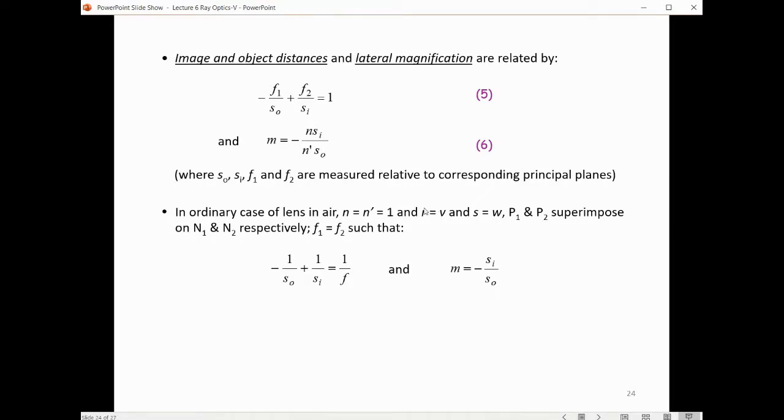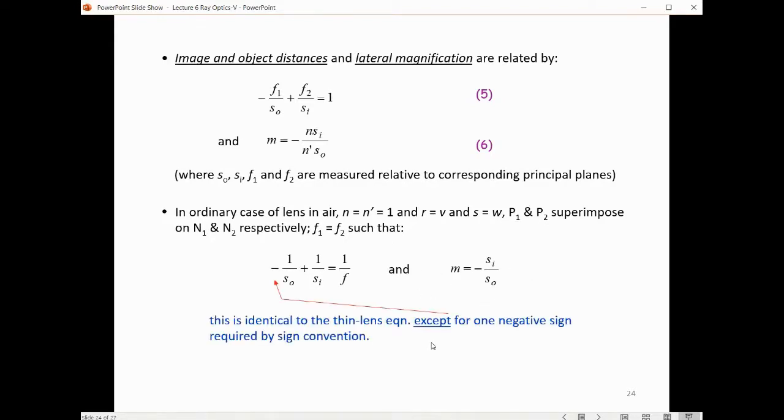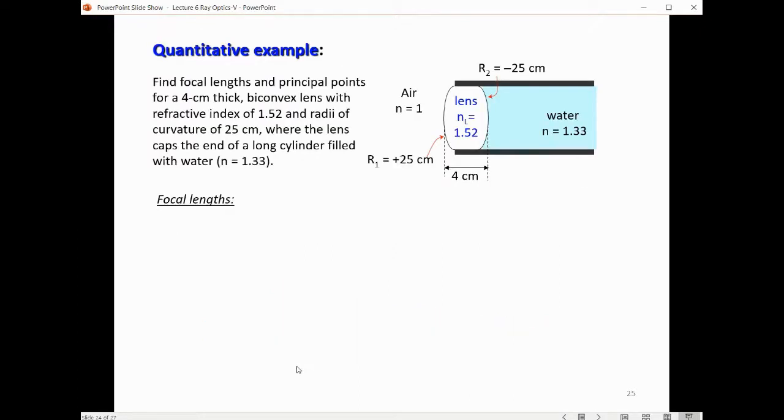And the first focal length and the second focal length will be equal, such that we will have the thin lens equation as well as the magnification given by this term. The only difference is that this thin lens equation has a negative sign in front here due to the sign convention that we use in defining this thick lens.